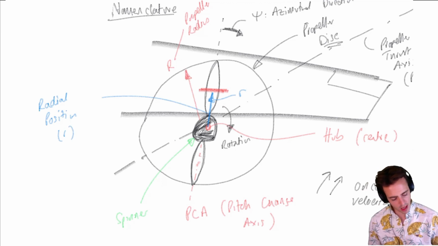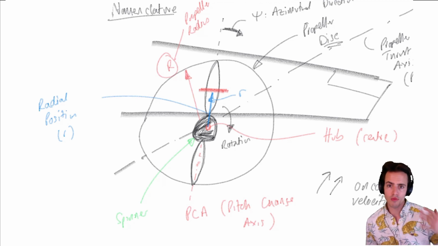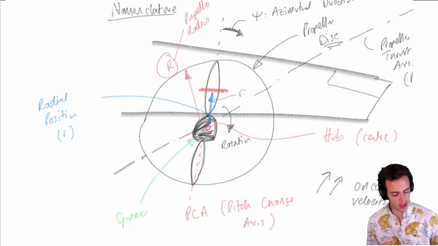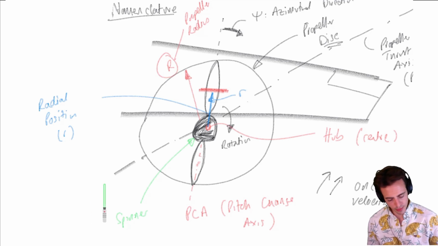So we've got uppercase R, which is the total radius, which is a single number, and then lowercase r is the radial ordinate. So it can vary from 0 at the hub up to whatever the value is at the tip, which is our radius value. We can define this as a dimensional quantity.